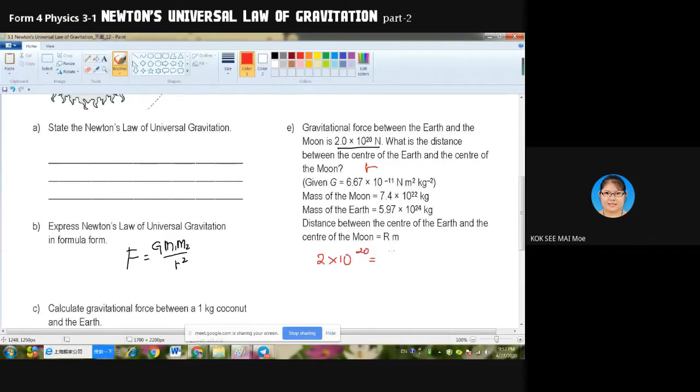Okay, now G. First mass is for the Earth, second mass for the Moon. The problem is I do know R squared, but finally they just want to find the distance between the centers. I want R only, so you need to square root it. Okay, give me an answer.